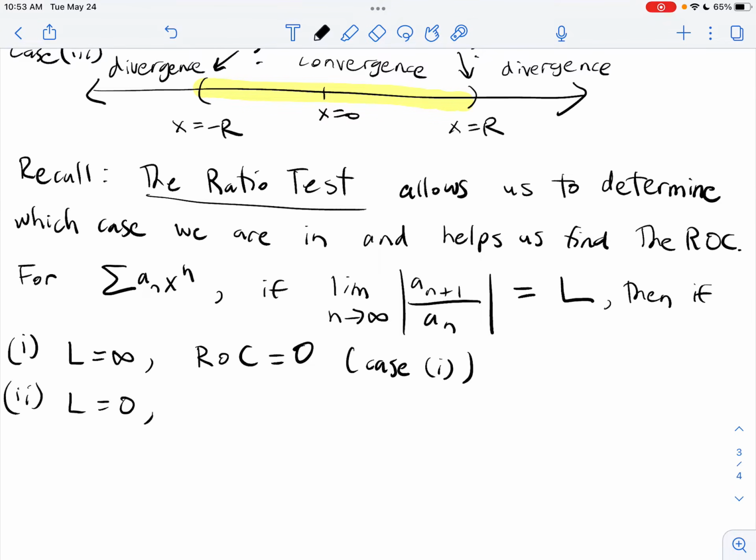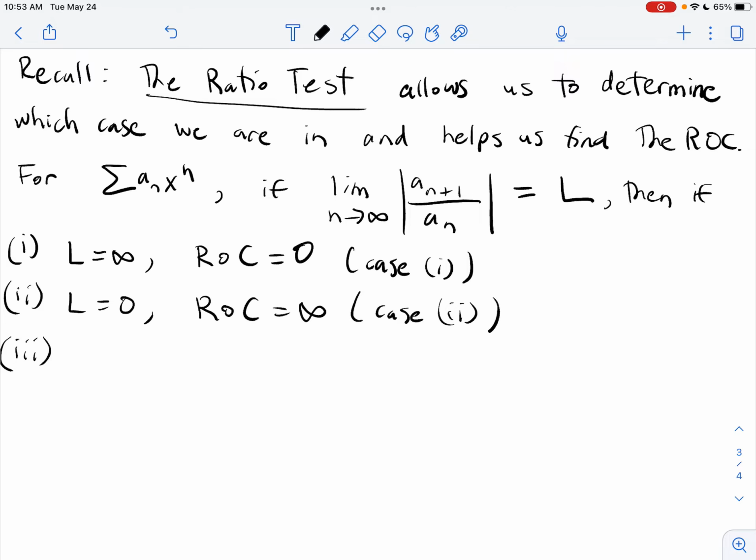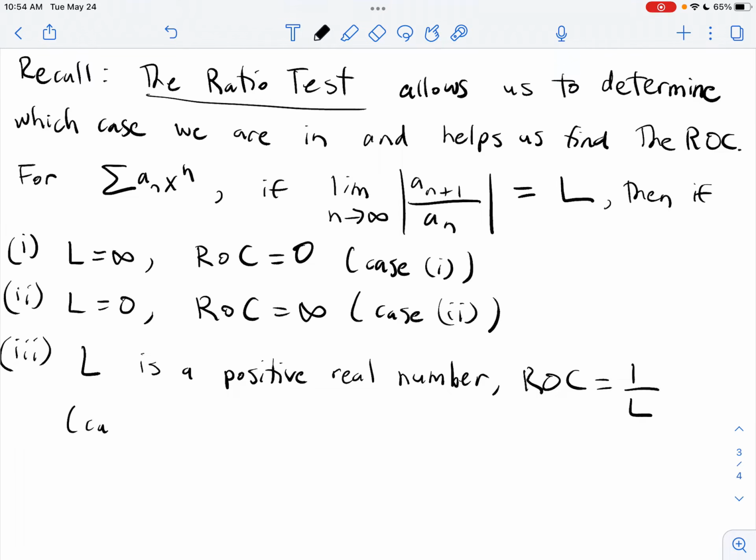If the limit is 0, then that means it converges everywhere, so the radius of convergence is infinity, and we are in case 2. And finally, if the limit is a positive real number, then the ROC is equal to the reciprocal of L, and we are in case 3. Okay.